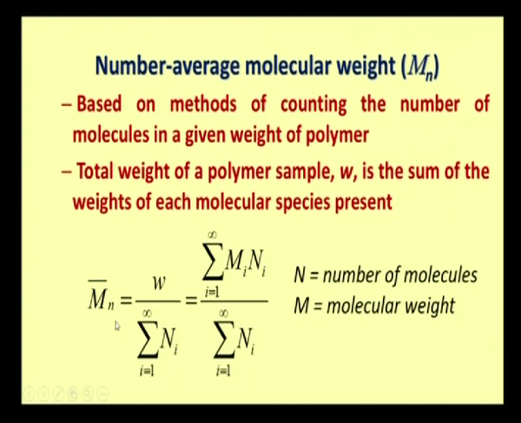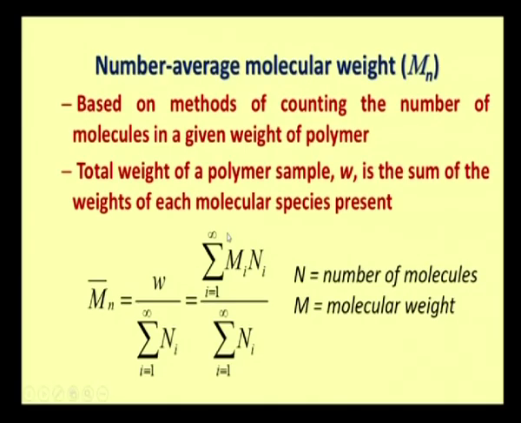It is given by Mn bar equal to W divided by the summation of the total number of molecules present in the sample, wherein W is equal to the summation of Mi Ni. The summation of Mi Ni is nothing but M1 N1 plus M2 N2 plus M3 N3 plus so on, till all the terms are accumulated in the series.